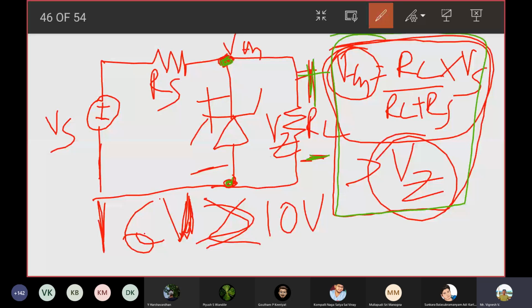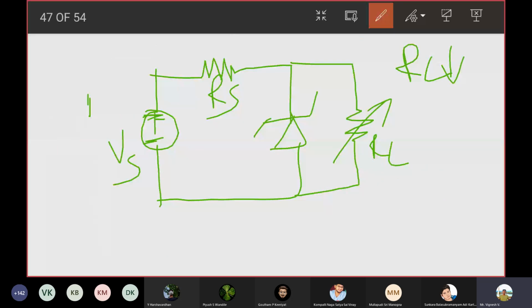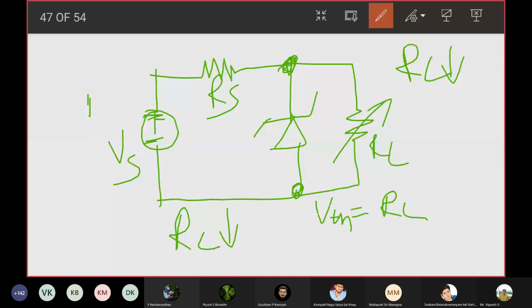If you keep on decreasing the value of RL, what do you think happens to VTH? Will VTH increase or decrease? First, let me write the VTH formula. VTH equals RL divided by RL plus RS into VS. Am I right? All of you agree with me?